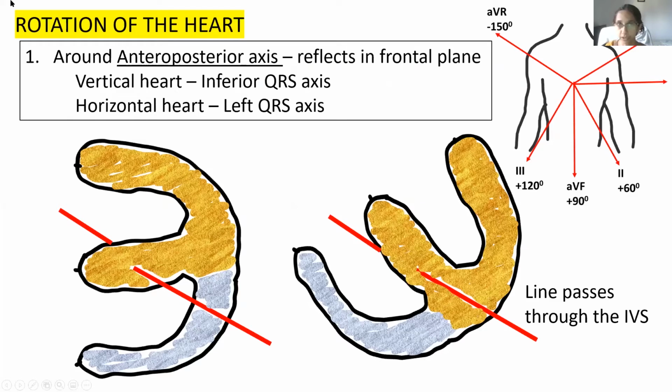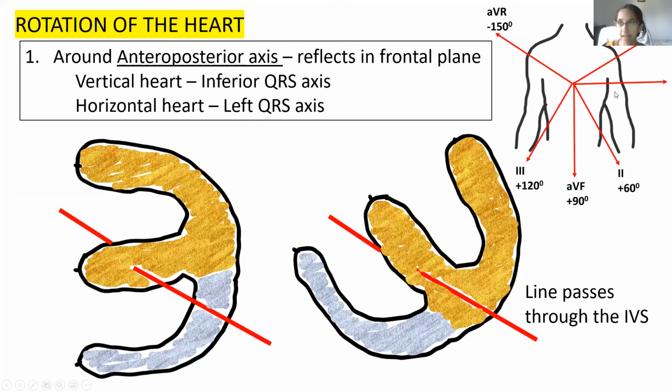Now, the rotation of the heart can be understood in two planes. One is this plane, which is the frontal plane. So if I look at the frontal plane, I have to understand and imagine a line which goes across the anteroposterior axis, and the rotation is happening in the frontal plane.